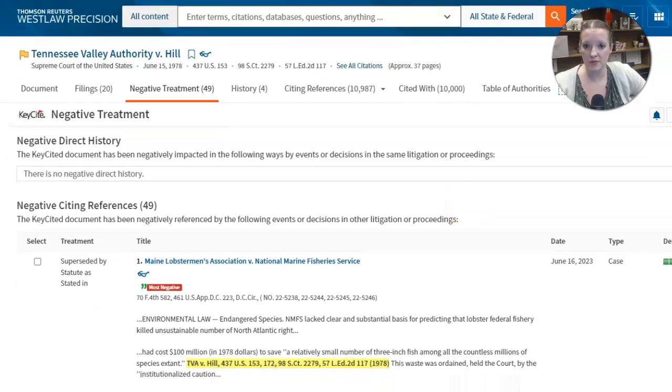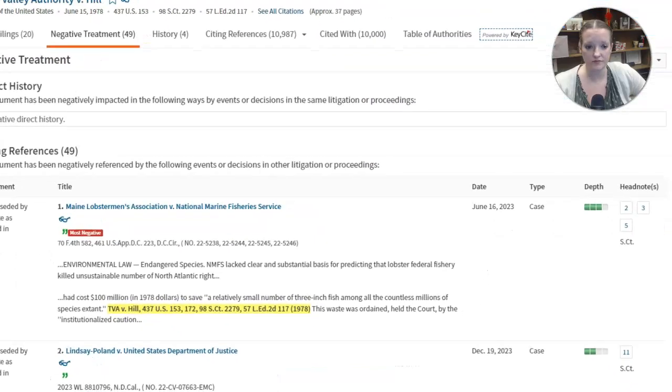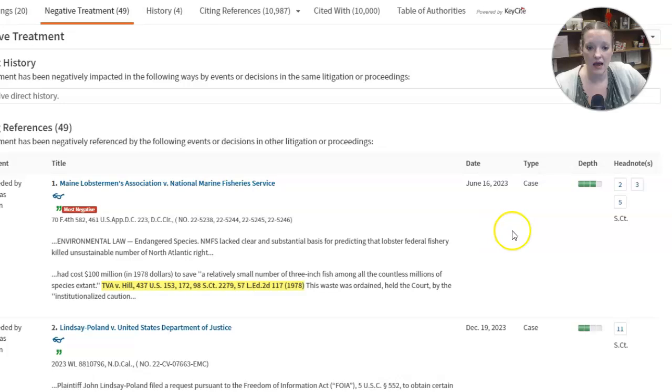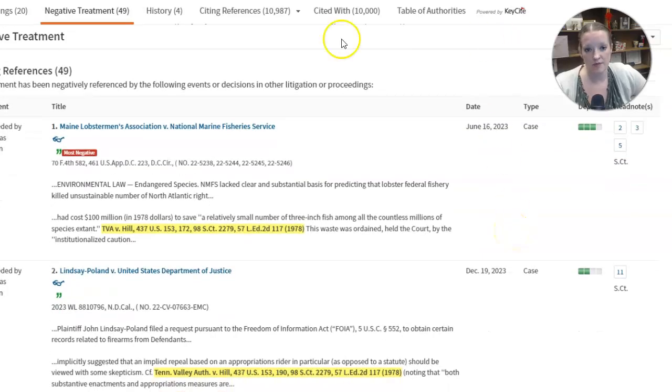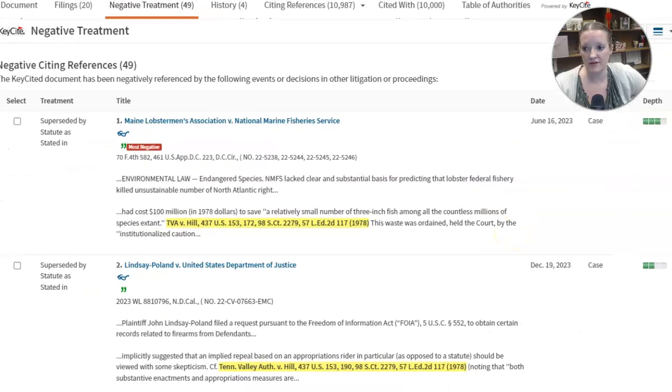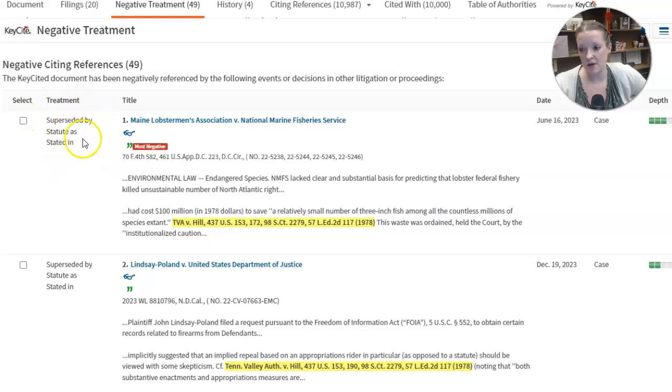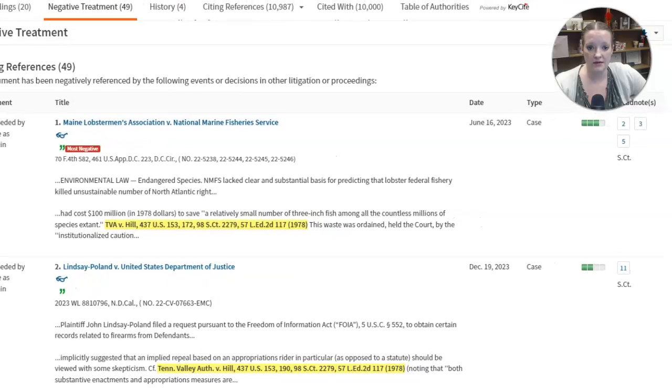Going back to our report here, you can also see at right, well, actually, let me point at left first. We see a more specific treatment, right? Just like we did in that long list for Lexis. And then if we look at right, we can see the depth of treatment and then relevant head notes.